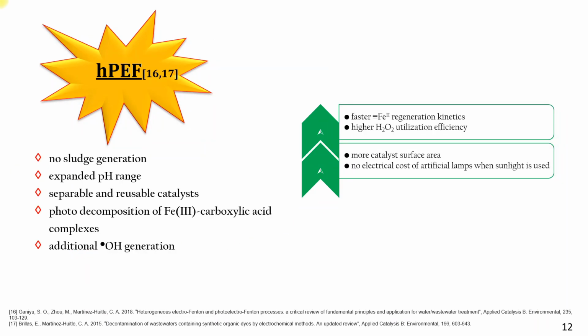The photoelectro-Fenton process is developed to overcome these kinds of disadvantages of the electro-Fenton process, and also its heterogeneous alternative has the advantages of no sludge generation, expanded pH range, and photodecomposition of ferric carboxylic acid complexes, and also it generates additional hydroxyl radicals.